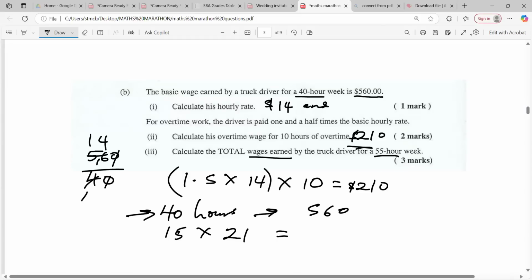You multiply the 15 by 21, because I'm doing 15 hours of overtime at $21 because of time and a half. Time plus a half, and a half of 14 is 7. So this is how we get the total for the entire week, which is $875.